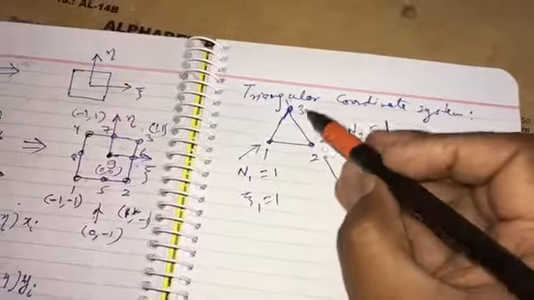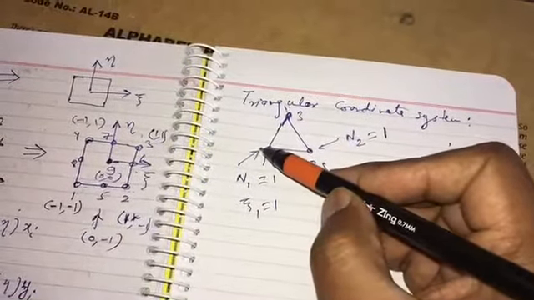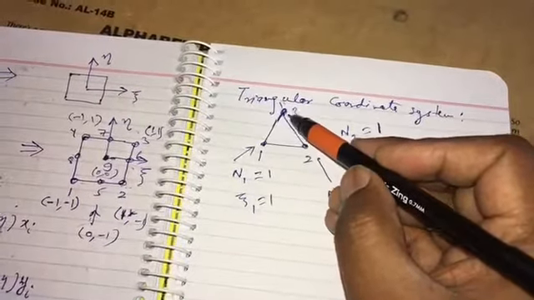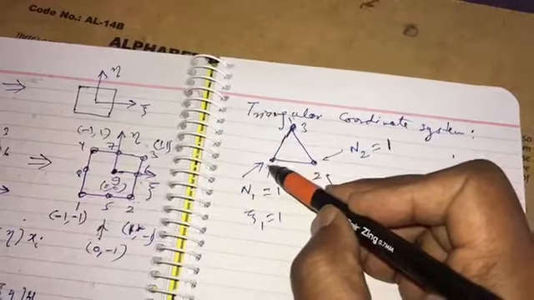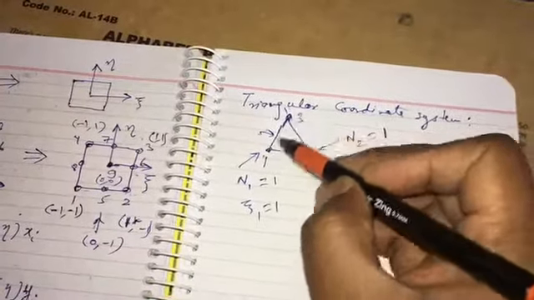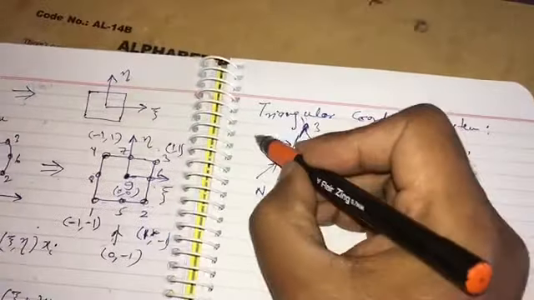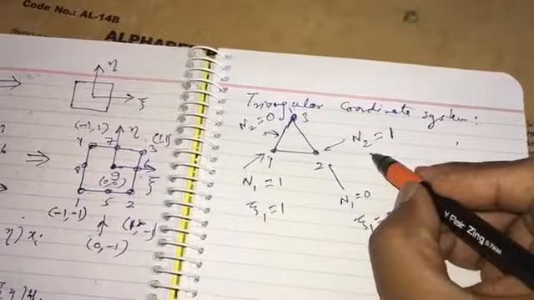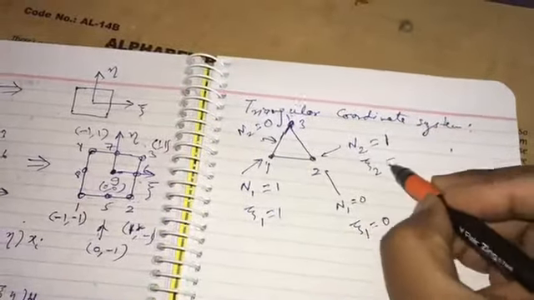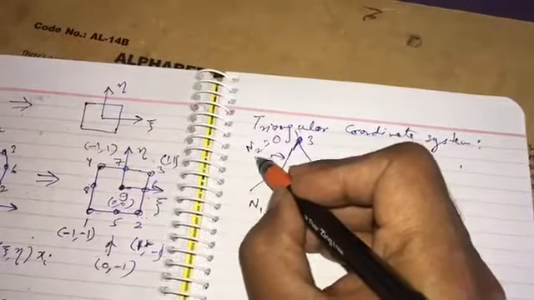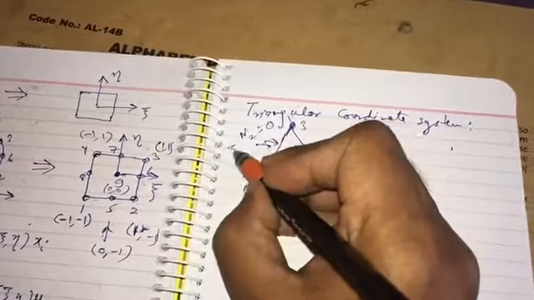So N2 will be equal to 0 at node 1, N2 equal to 0 at node 3. So if we extend this line, on this line N2 equal to 0. So you can say that xi 2 is equal to 1 here, and here xi 2 equal to 0.